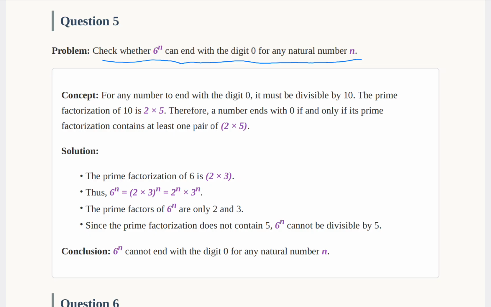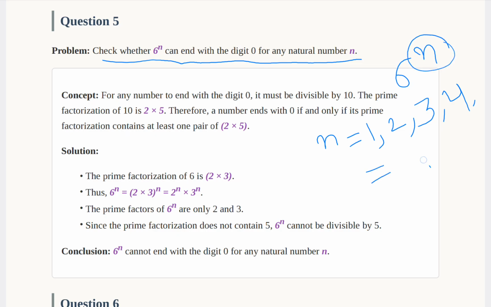Here n is a natural number, which means we can take any value like 1, 2, 3, 4. They are asking, when you put any natural number here, can it end with 0 or not? You will find that out.